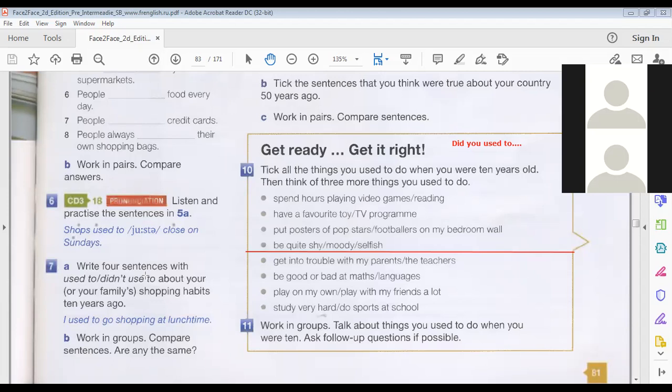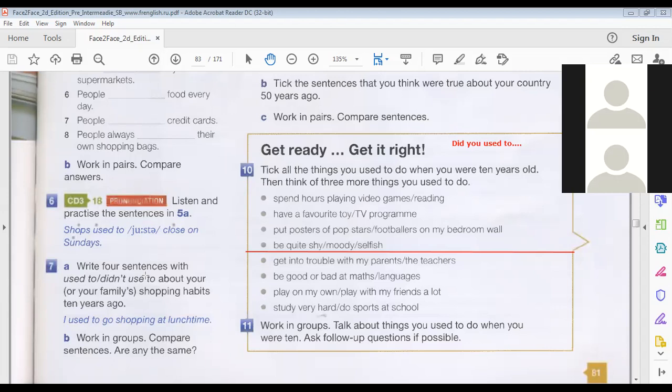Yes, I did. Did you used to put posters of pop stars? Yes, I did. Did you used to be quite shy? Yes, I did.